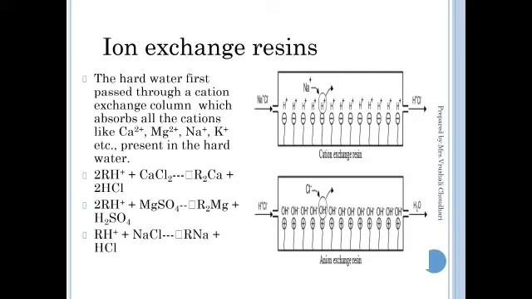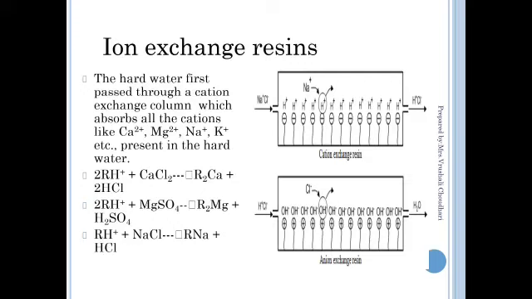When it passes through the cation exchanger, that Na plus is replaced by H plus, and the water coming from that exchange resin becomes H plus Cl minus. Cl, which is a negative ion, will remain as it is, but positively charged cations are replaced by hydrogen.